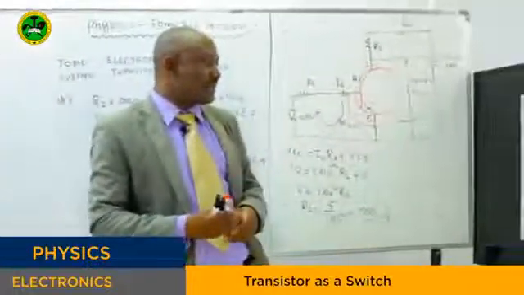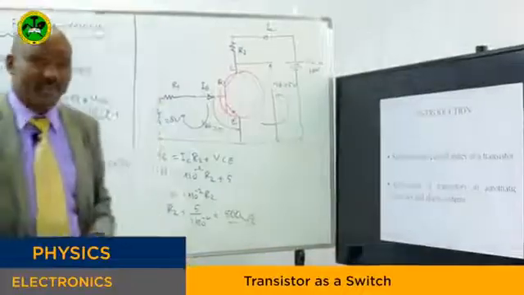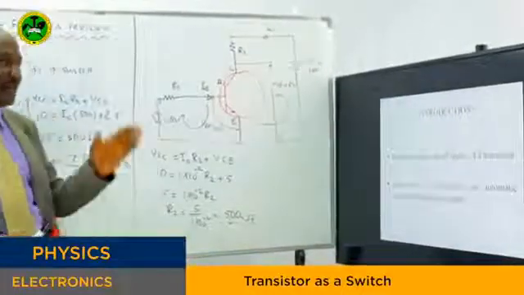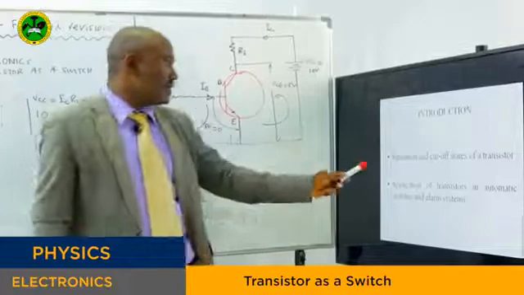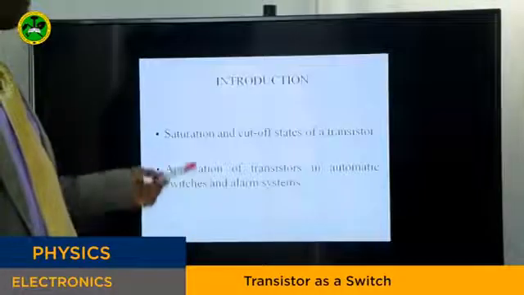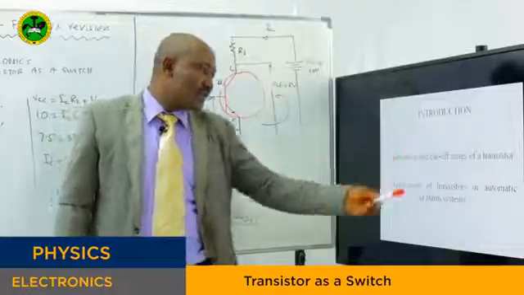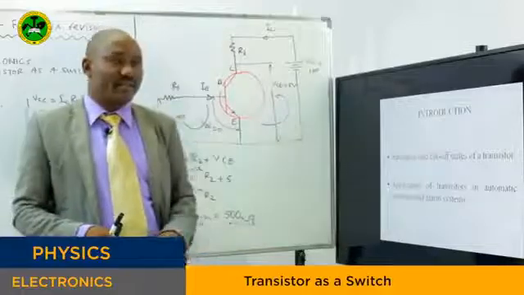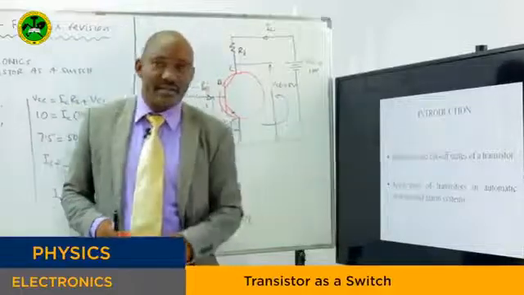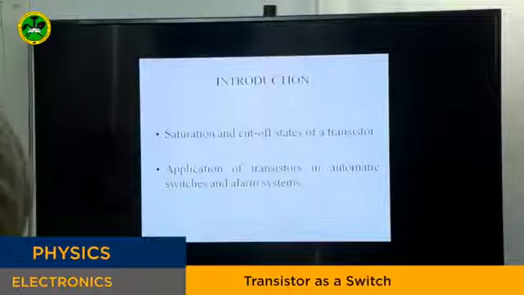And thereafter, we shall see how we use the transistor in automatic switches and the alarm system. So that's our today's presentation. So we want to discuss the saturation and the cutoff state of a transistor. Finally, we shall see where we can use this concept in application of a transistor in the automatic switches and the alarm system.